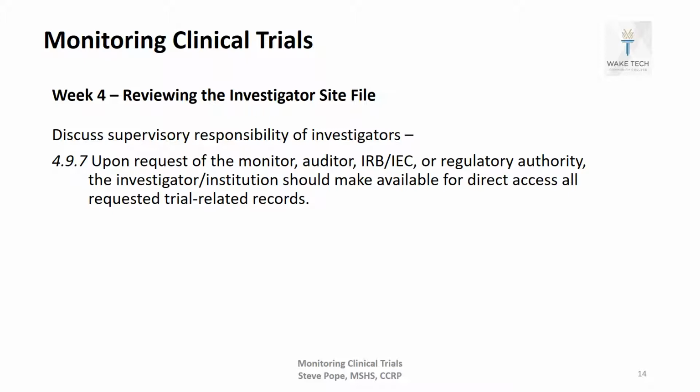And then finally, upon the request of the monitor, auditor, IRB, or regulatory authority, the investigator or institution should make available for direct access all requested trial-related records. So that means that they should not be placing these in a spot where you're not able to get to them.